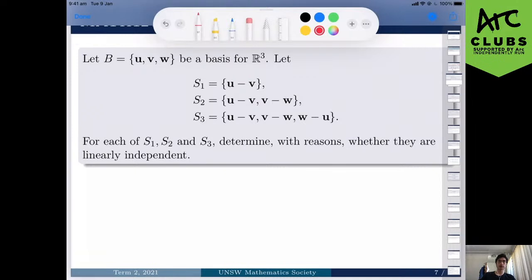Now this question is another basis question, but there's much less numbers. In this case, we're given a basis, and we want to determine if these other sets are linearly independent. The first one is just a set containing one vector.